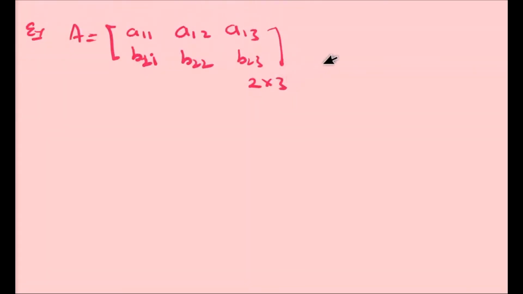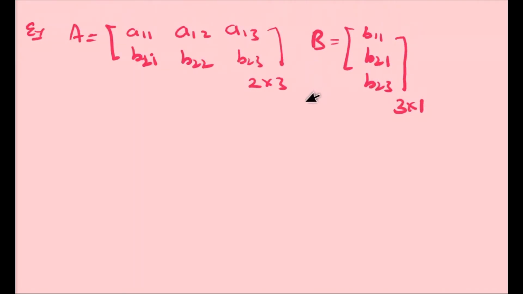Let A equal to A11, A12, A13, A21, A22, A23. It is of order 2 into 3. Now B is B11, B21, B31. Now it is of order 3 into 1.